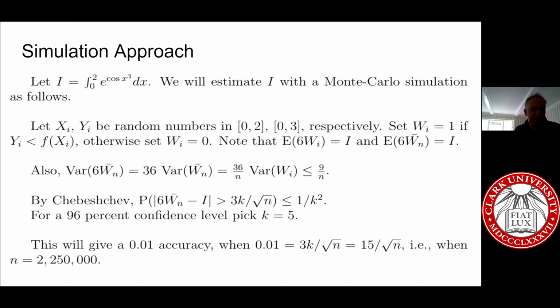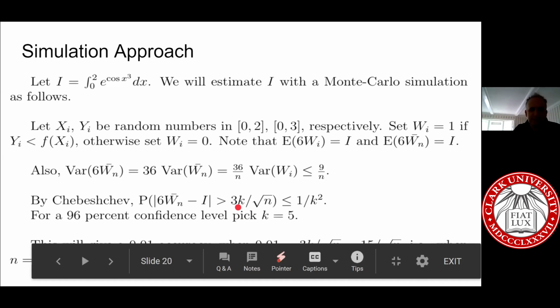The standard deviation is 3 over the square root of n, which you see as 3 over the square root of n times k here, just like it should be in the inequality. So then over here, I get less than 1 over k squared. I pick k equals 5 because that seemed like a nice level here.